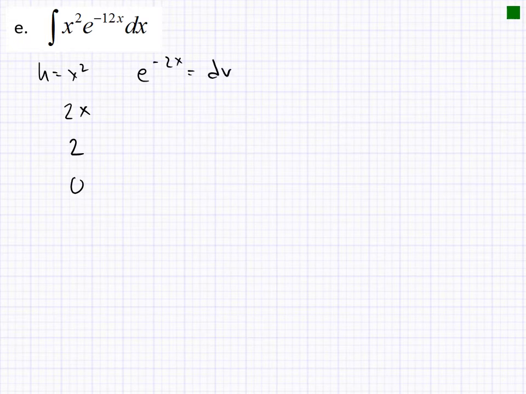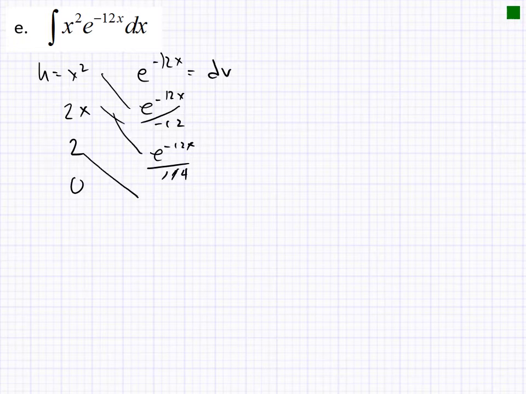So the integral would be e to the negative 12x over negative 12. The next derivative would be e to the negative 12x over positive 144. The next one is going to be e to the negative 12x over 144 times negative 12.